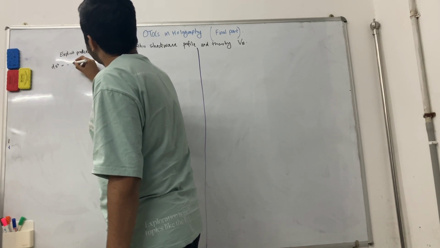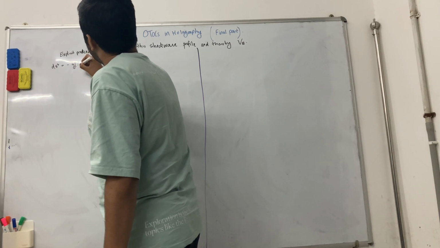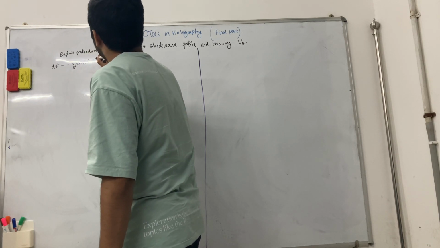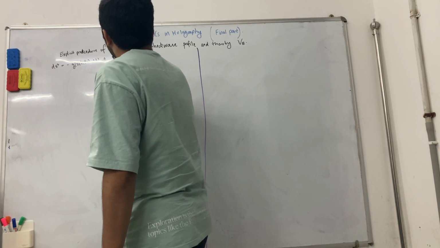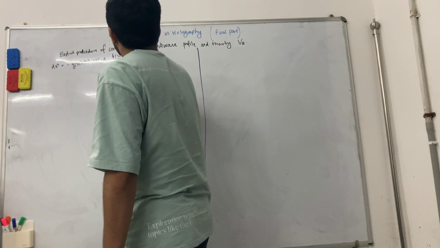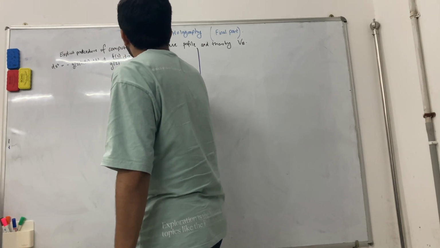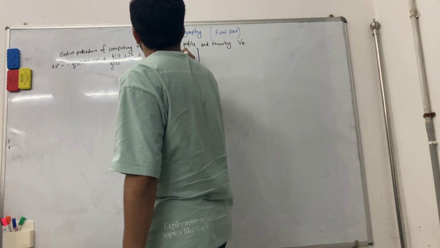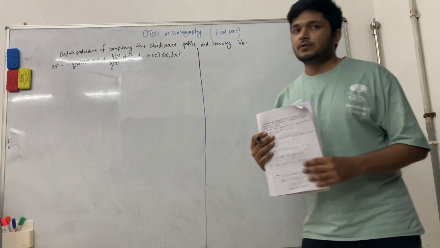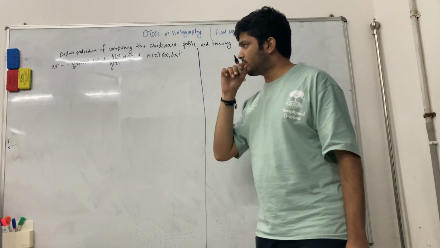Let's say g of z, h of z, dt squared, g of z, f of z, dz squared, k of z, dx squared. Okay, so suppose this is the most general form of the metric that we have.